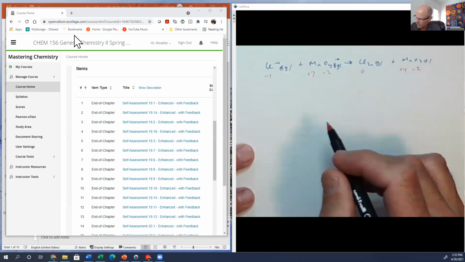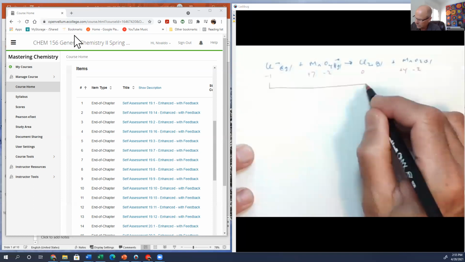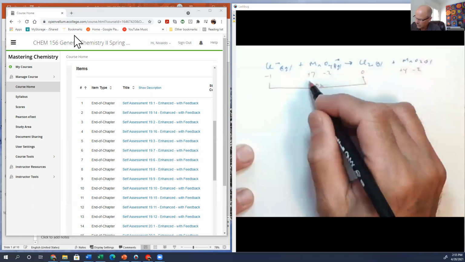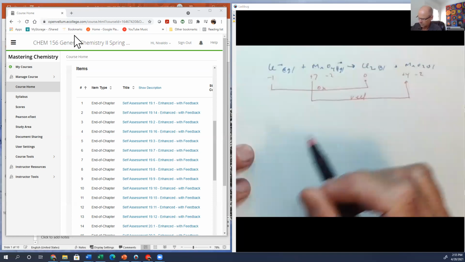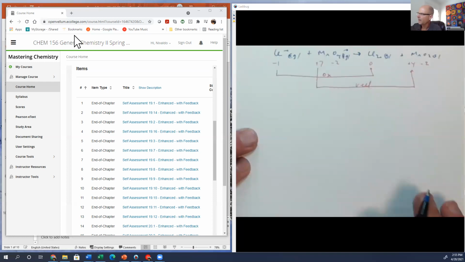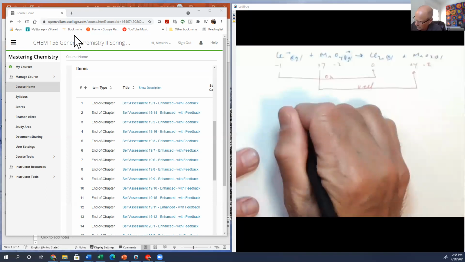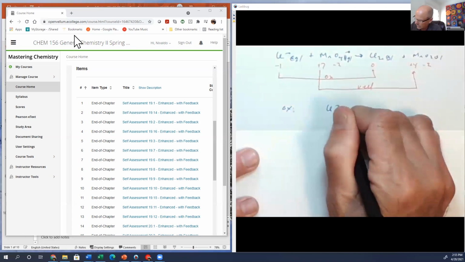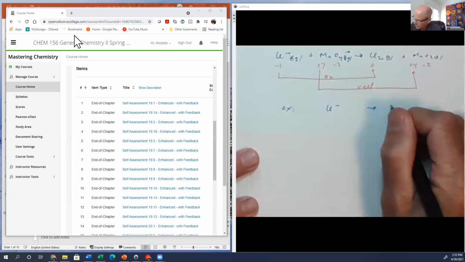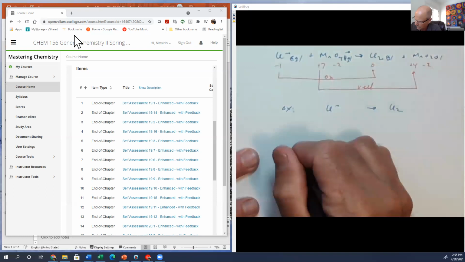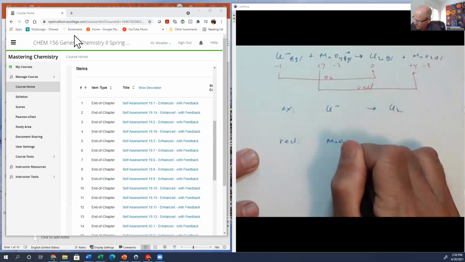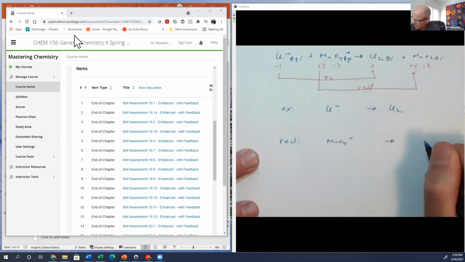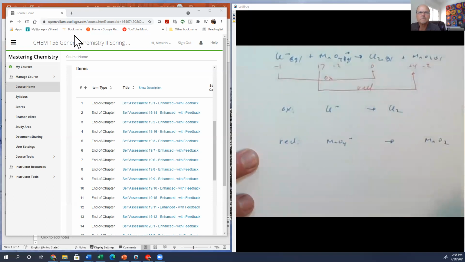So here's my oxidation, and here's my reduction. So I write down the half reactions. Oxidation: Cl minus goes to Cl2. And I write down my reduction: MnO4 minus goes to MnO2. So far, so good?